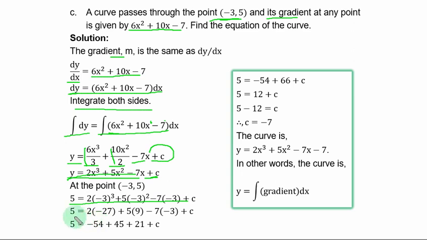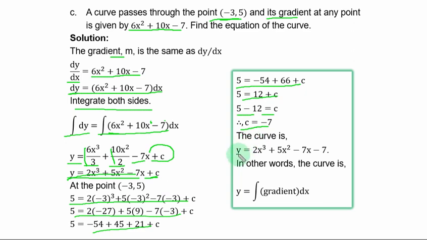If you simplify, you have this, and this, and this. It is step by step simplification. To get c, you transfer 12 to the left hand side and you have 5 minus 12 equal to c. Therefore, c is equal to minus 7.